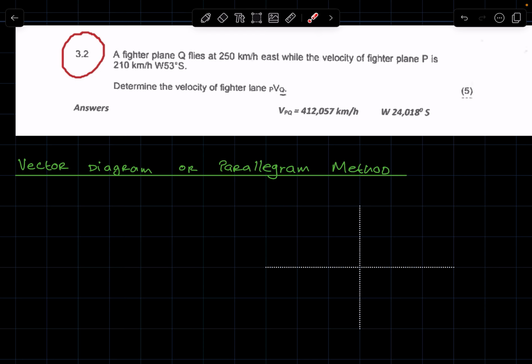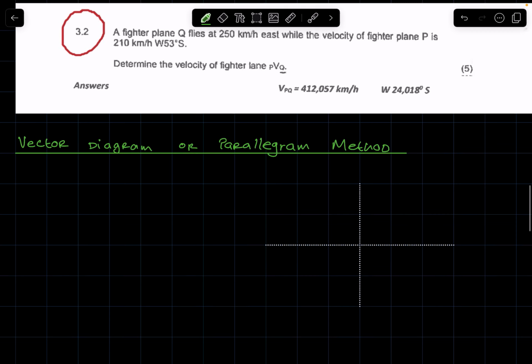So the question is, determine the velocity of fighter plane P relative to Q. So P being our first letter means that object P we are going to take as our object, and object Q, the fighter plane Q, we are going to take as the frame of reference.